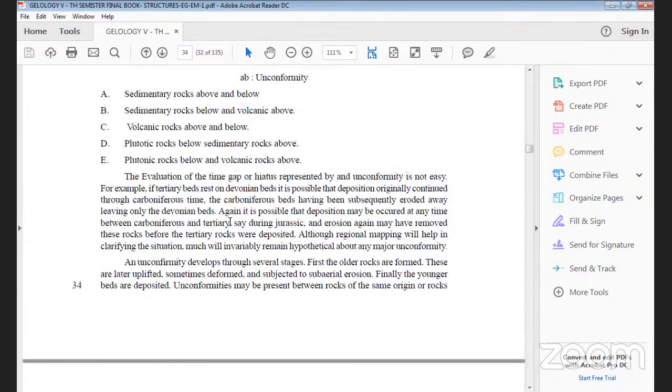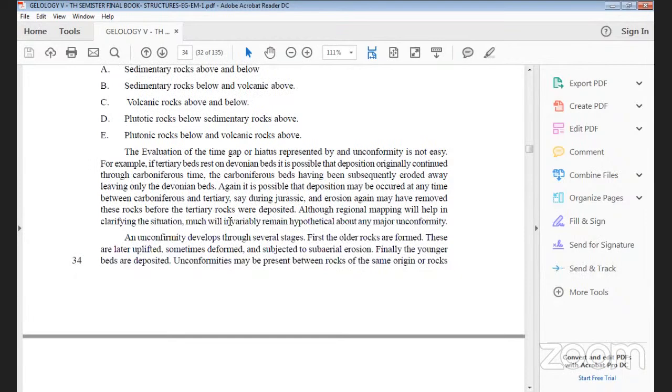Then the time gap represented by an unconformity is not easy to evaluate. For example, if you have Tertiary beds resting on Devonian beds, it is possible that deposition originally continued through the Carboniferous time, and the Carboniferous beds were subsequently eroded away, leaving the Devonian beds.